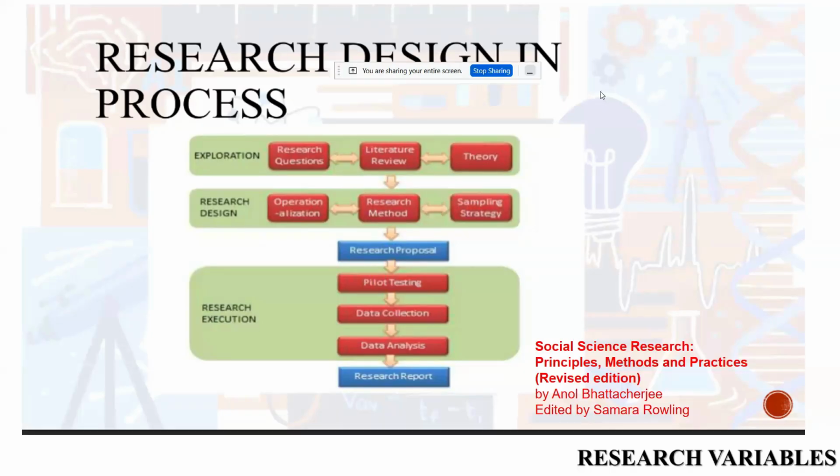No, every research starts with exploration, and this exploration takes the form of first research questions, then literature review, and then some sort of theory which is constructed. Now, first the theory is not constructed, the theory is put into the form of tentative statements. Now what are these tentative statements?